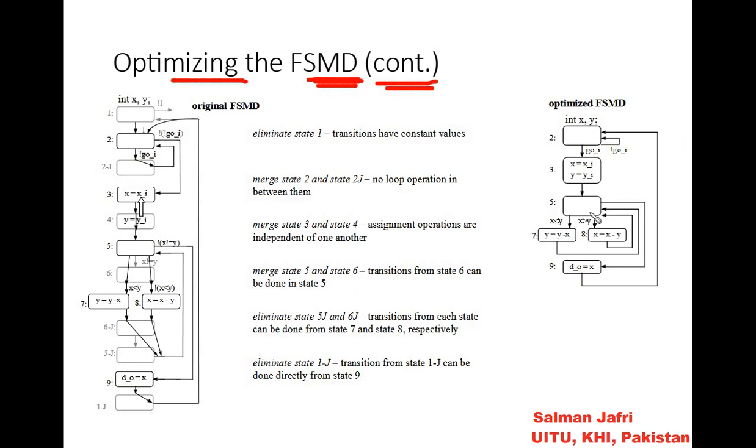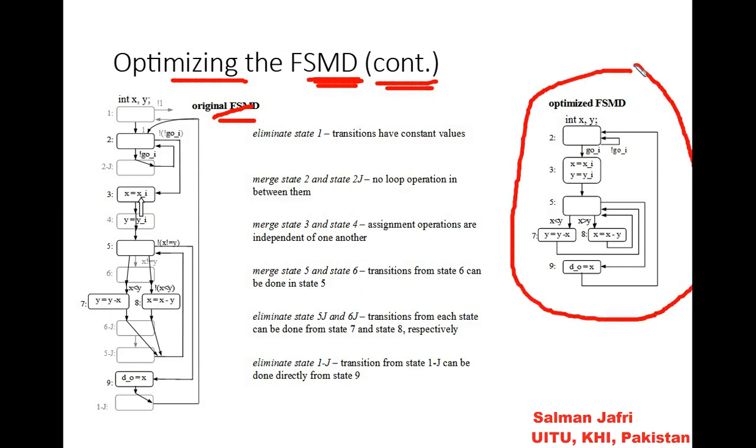So this is an optimized FSMD because it contains a much smaller number of states as compared to the original FSMD from which we started. The figure on the right hand side shows us the optimized FSMD, which contains far fewer states, right? So fewer states means a smaller state register and smaller logic. So it would basically represent an optimization.